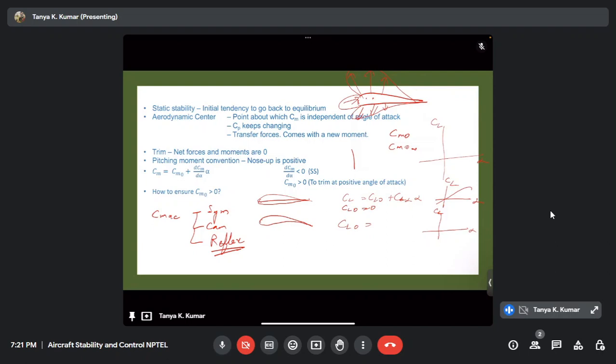Should be greater than 0, right? Because it produces lift even at 0 angle of attack. So how will your curve look? Something like this. This is your CL naught, right?